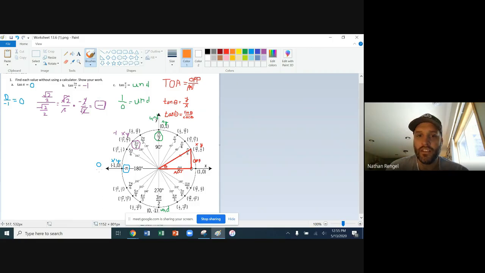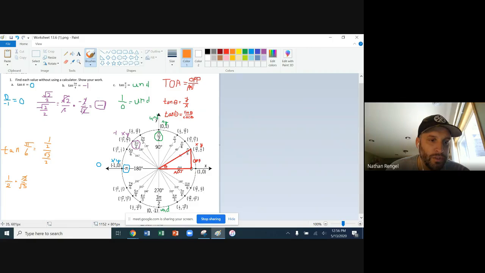The last one we can find is the tangent of pi over 6, the one we highlighted with that special right triangle. Tangent of pi over 6 is y over x. So y is 1/2 over square root of 3 over 2. That means we multiply by the denominator's reciprocal: 1/2 times 2 over the root of 3.